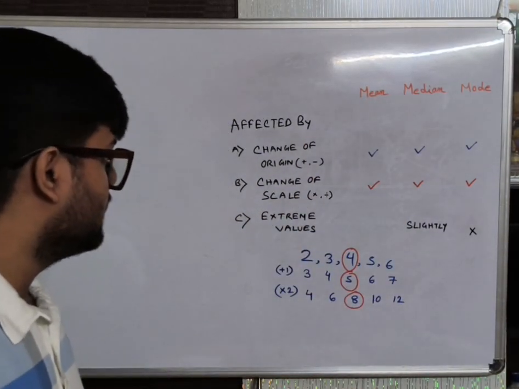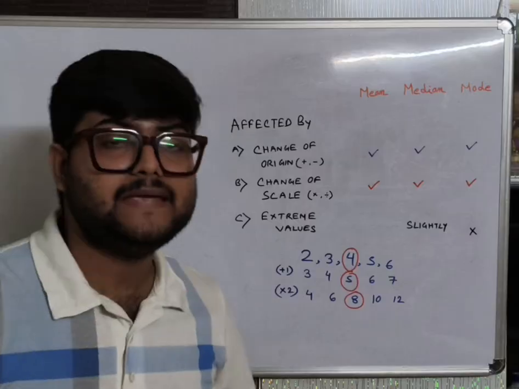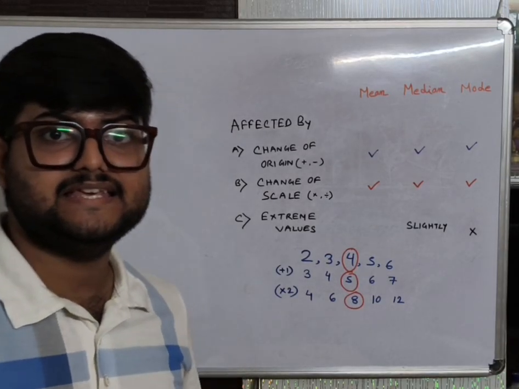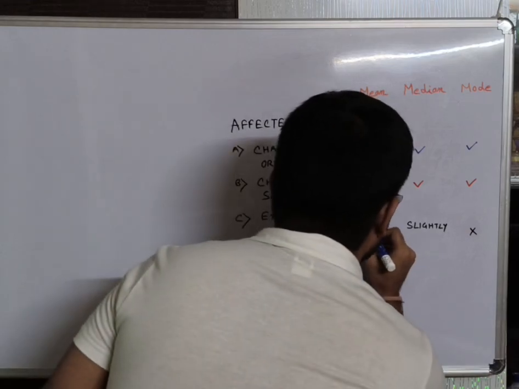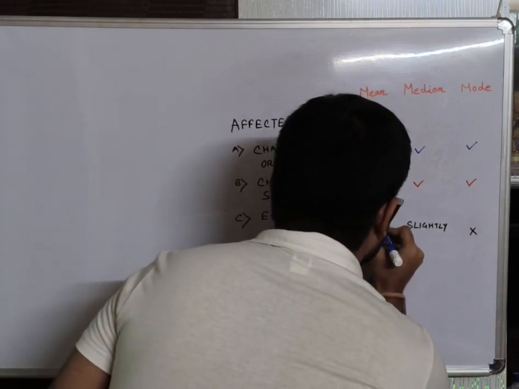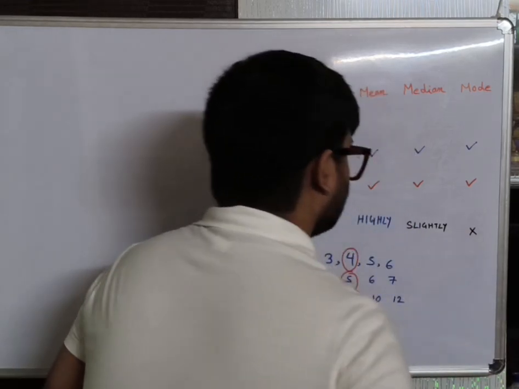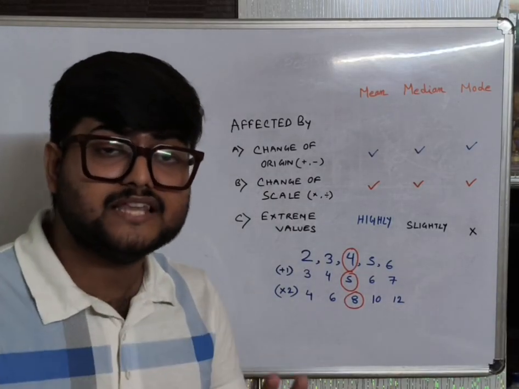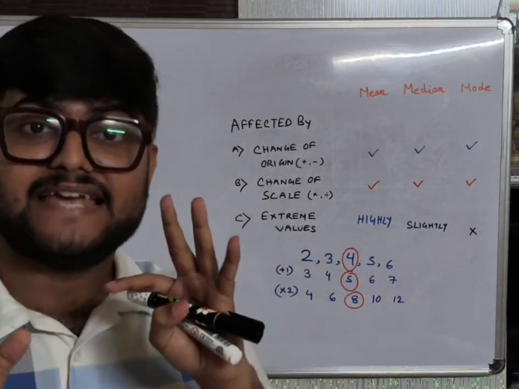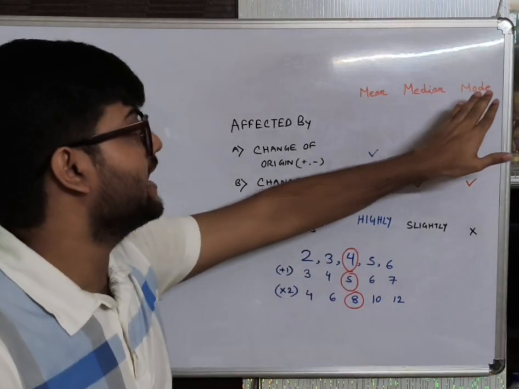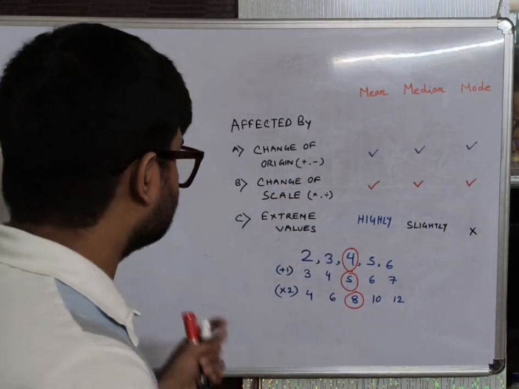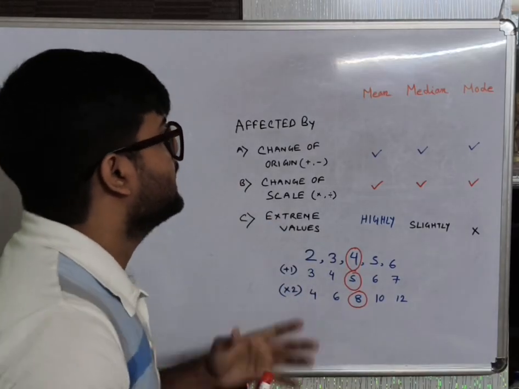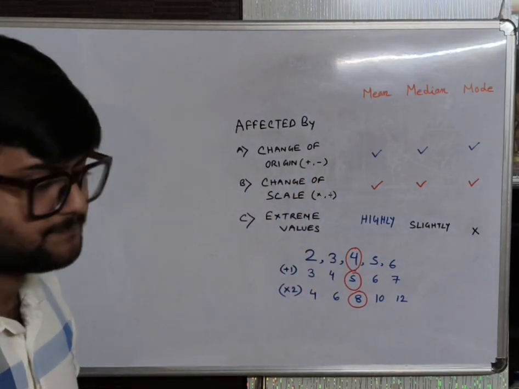But if we are talking about the mean, by changing extreme values, mean is highly affected. Because the fact is that mean is based on all the observations in a data set, while median and mode are not. So these are the things you need to keep in mind to understand mean, median and mode.